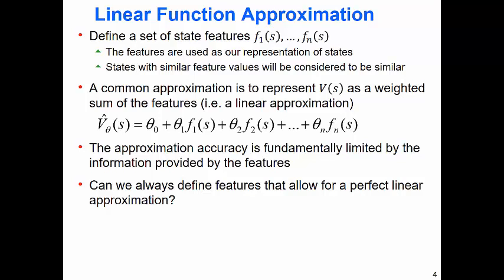Who wants to try to justify a no or a yes? I'm letting you define your own features, and I'm saying, I've got a value function, and I want to know, can you define features that will allow me to give weights that perfectly model that value function? Any ideas? How would you define your features?